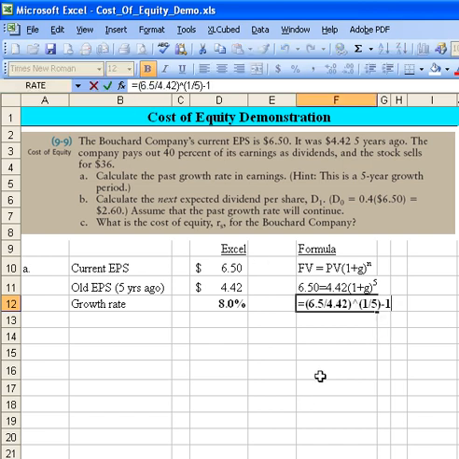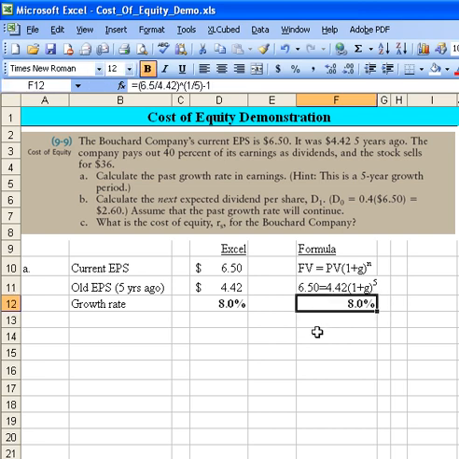I'm going to hit F2 to show you, even though I've worked this a little bit before the demonstration. Take the 6.50 divided by the 4.42. You see how I'm just moving the terms, and then raise it to the power of 1/5, which will give us the term inside the parentheses, 1 plus g. Then if we back off 1, we'll get 8%.